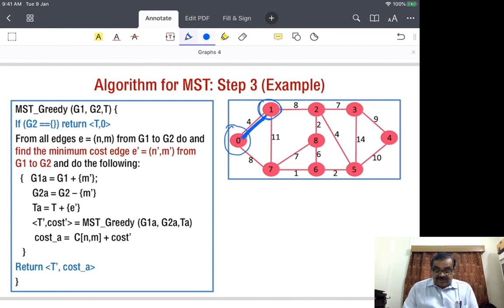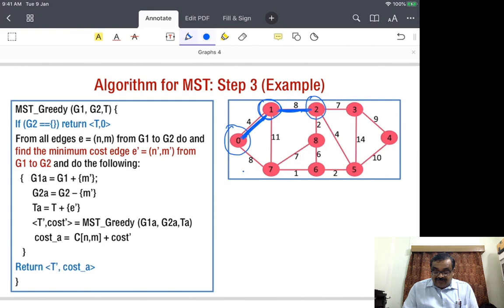This 0 was in G1, now this is in G1 too. Now there are three edges coming out from G1 to G2. There are two of cost 8 and one of cost 11. We can choose any one of these two. Let us say we choose this one.